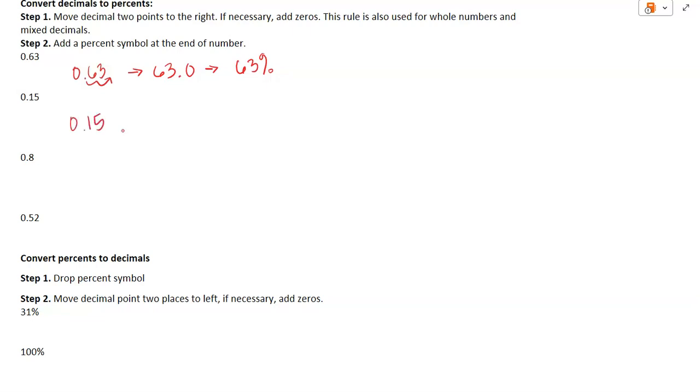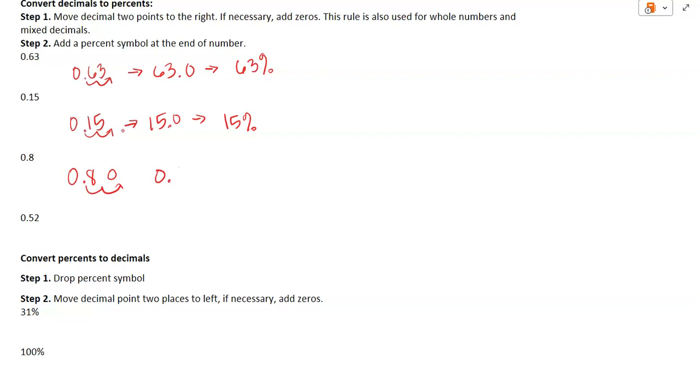So 0.63 is equivalent to 63%. We can do the same thing for 0.15. I'll move my decimal place 2 over to the right. That gives me 15.0, which is equivalent to 15%. In this case, we have 0.8. If I move this 2 places to the right, notice that we don't have anything there, so we're going to have to add a 0.